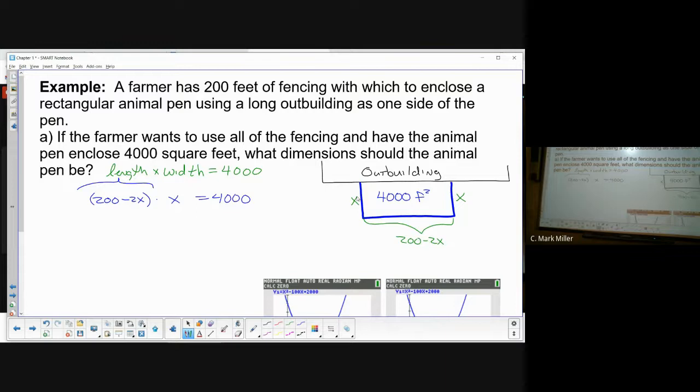Now, there's a couple of ways we can go about doing this, right? We need to solve for x. We have to solve for x. Well, let's see. How might we do that? Well, let's multiply this out. 200x minus 2x squared equals 4,000.